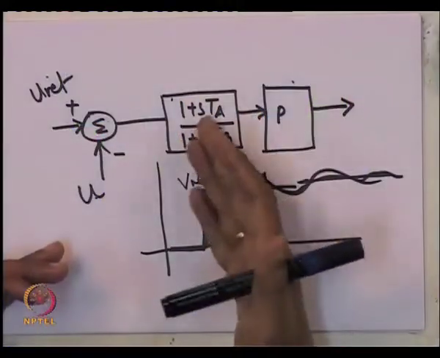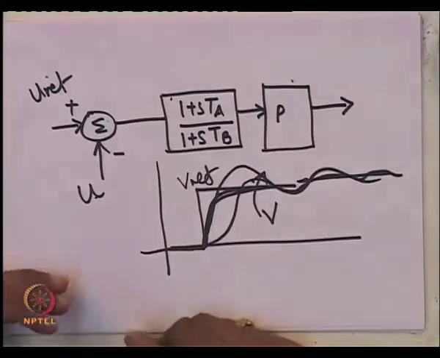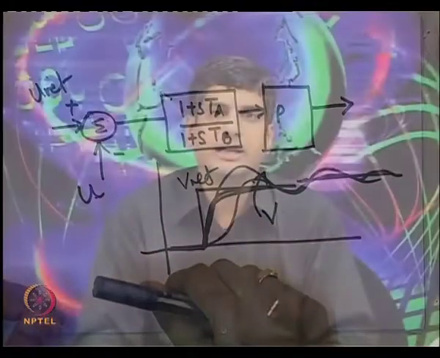The plant of the system, which is the exciter power apparatus as well as the synchronous generator and the power system to which it is connected, will really determine the response. So, what you need to do when you are trying to design a system is to use not only proportional integral controllers, but you may require a lead or a lag block in series with the proportional controllers in order to get some degrees of freedom. The degrees of freedom are in fact the time constants T A and T B of the lead or lag compensator. You get these degrees of freedom in order to improve the response.